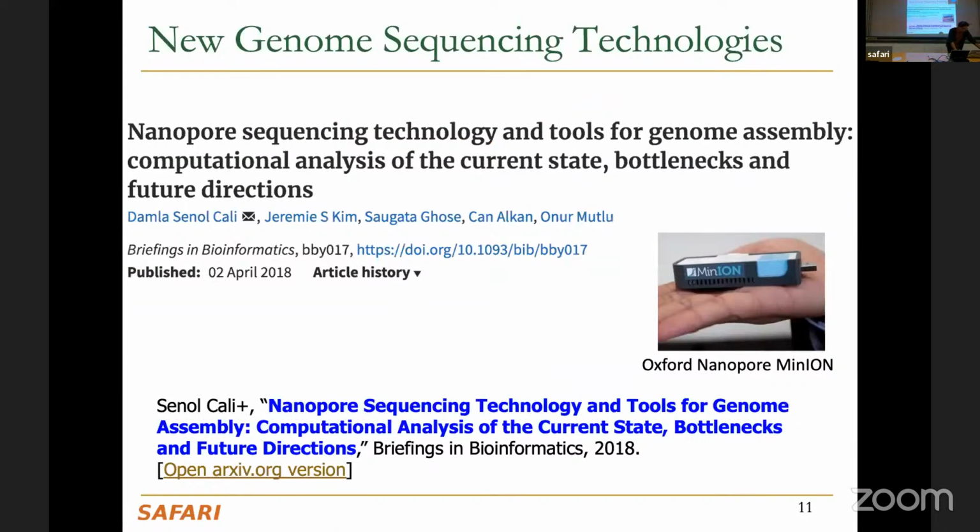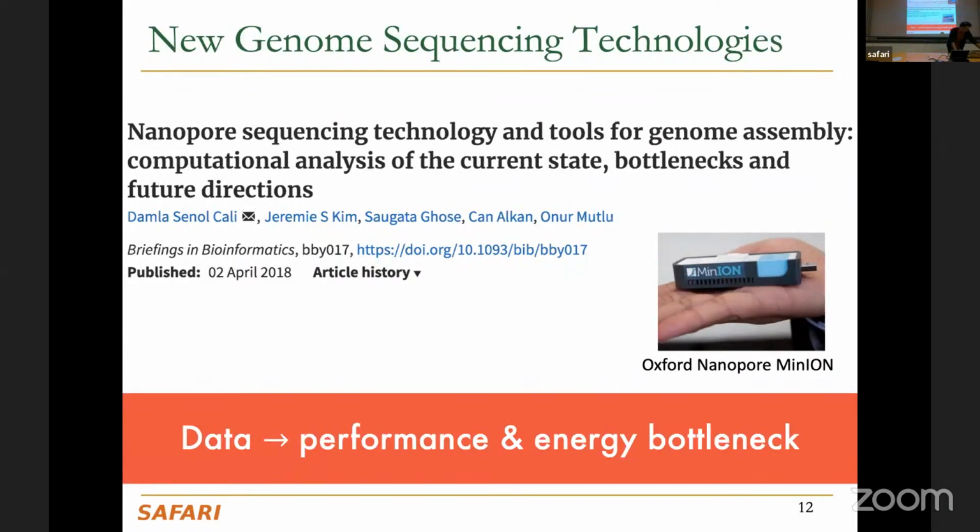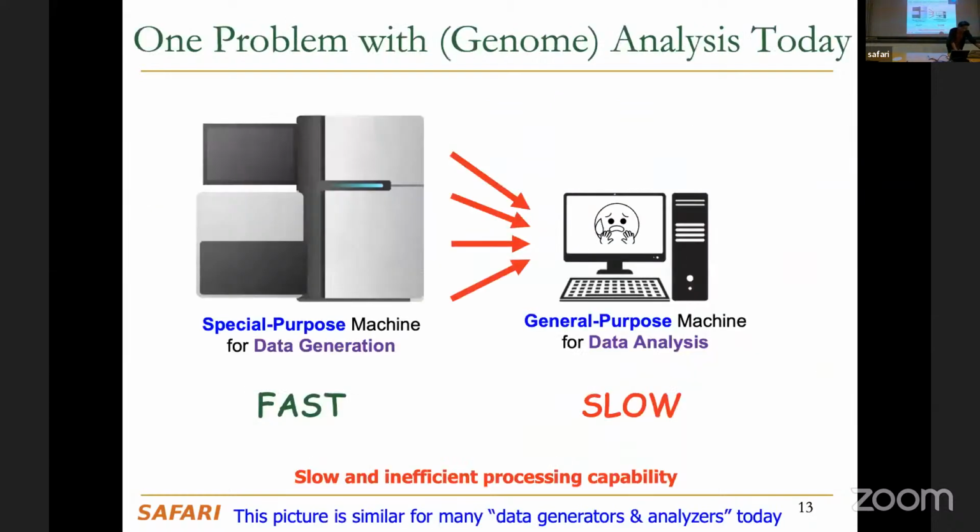This is another example, a paper from our group studying nanopore sequencing technology, and an analysis of the state-of-the-art bottlenecks and future directions. It is also a good reference to see how data is leading to performance and energy bottlenecks. One of the problems with genome analysis, as you have probably seen earlier, is that we have special purpose machines for data generation, which is supposedly fast, even though it's not so fast, but the machine is dedicated to that.